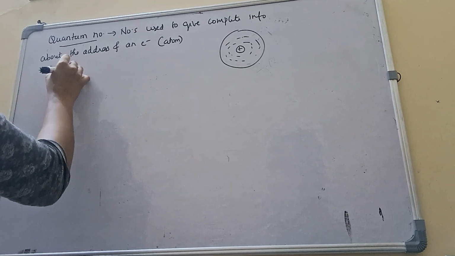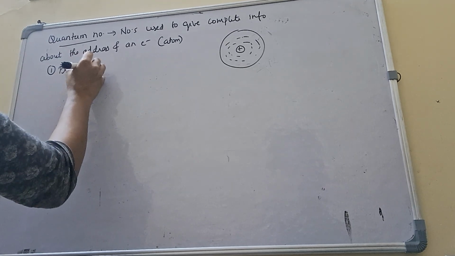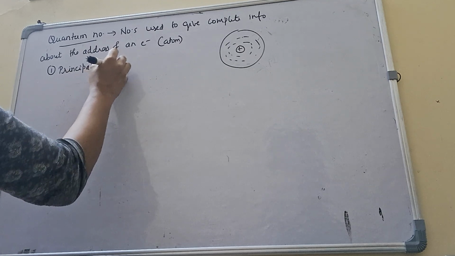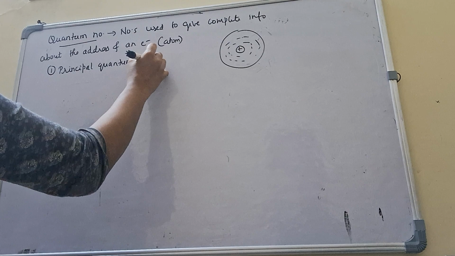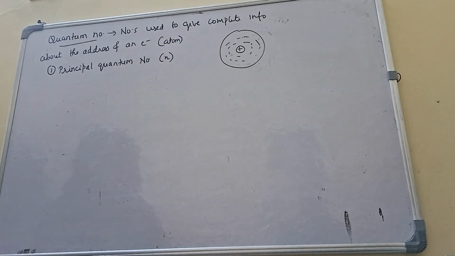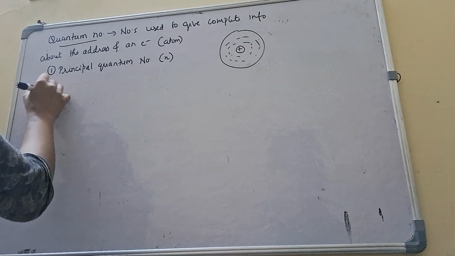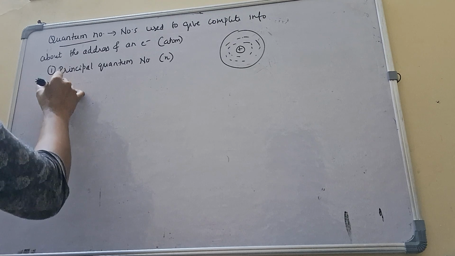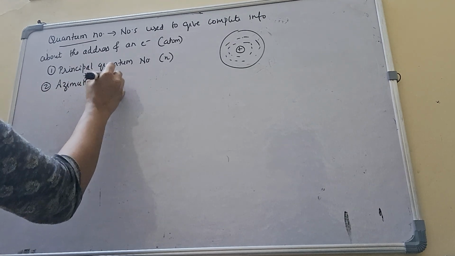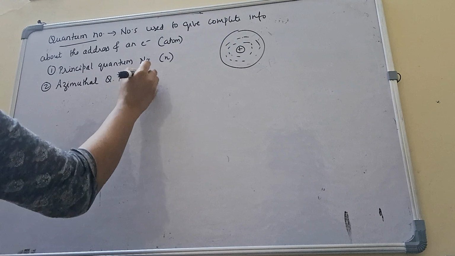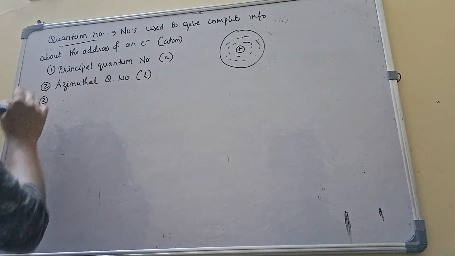The first one is called the principal quantum number, which I had already mentioned in the previous videos. This is the principal quantum number denoted by n, and the second one is the azimuthal quantum number, which is denoted by l.